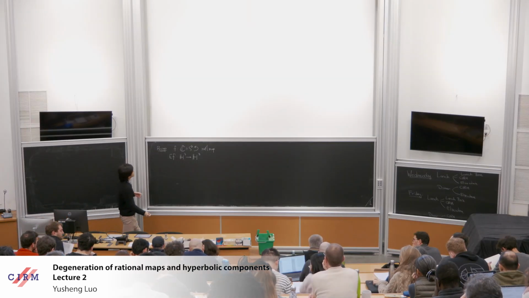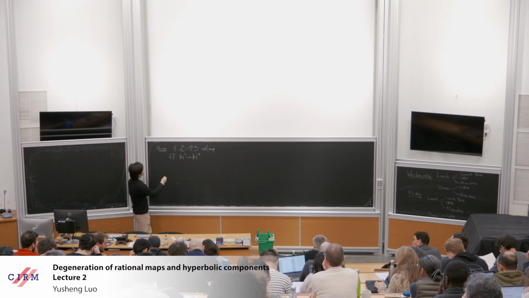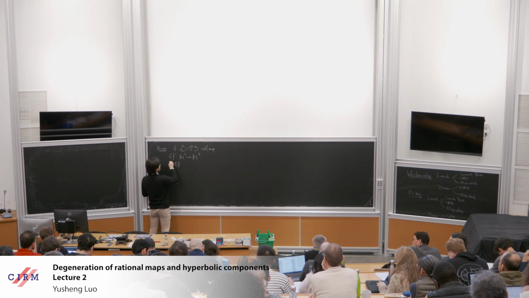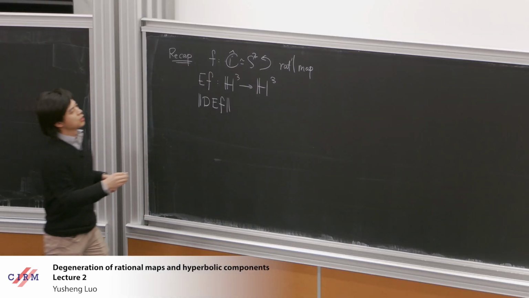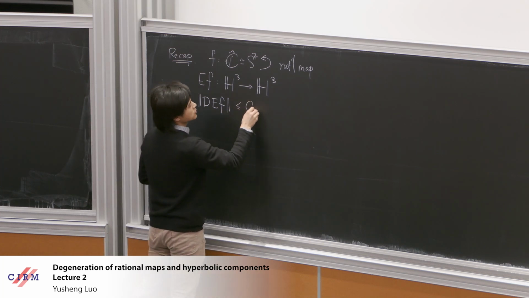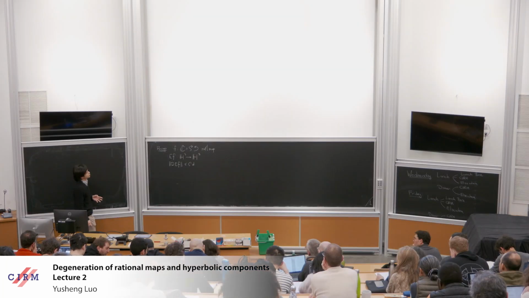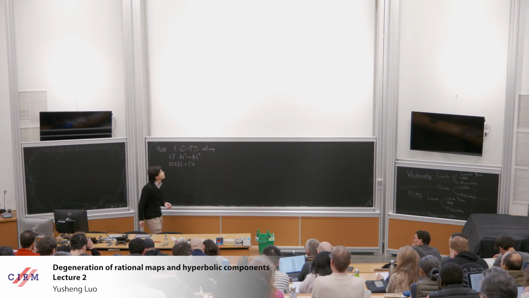And one of the nice properties of this extension is that it is conformally natural, and it satisfies this nice derivative control. So the norm of the derivative is bounded by some constant times the degree. Right, so this is an equicontinuity result and would allow us to take the limit.